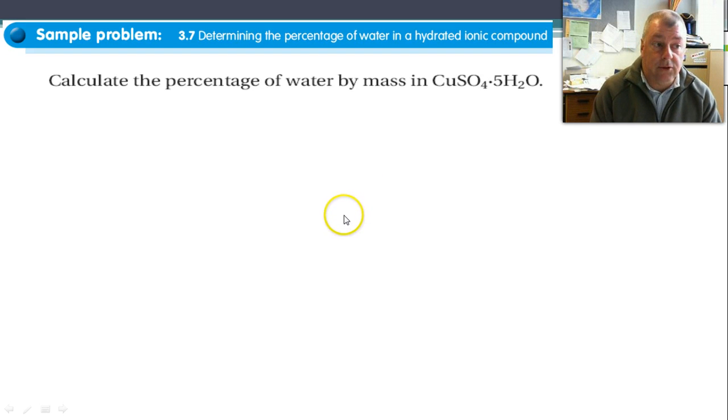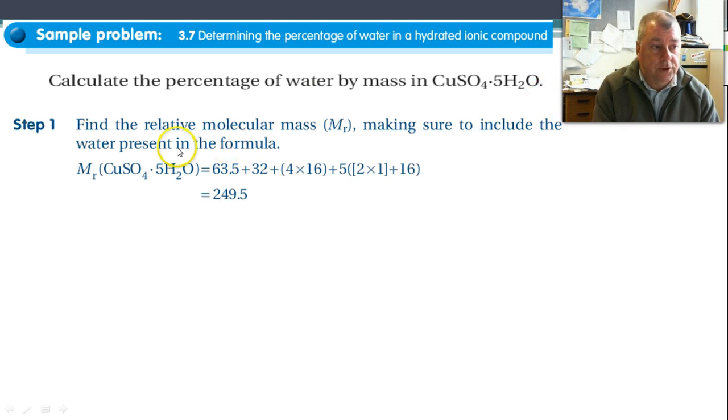So let's work out the percentage of water by mass in hydrated copper 2 sulfate. Now first of all, there's a few steps. Find the relative molar mass, making sure that we include the water present in the formula.